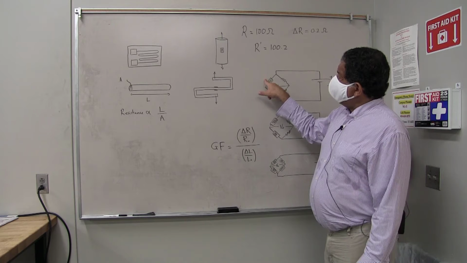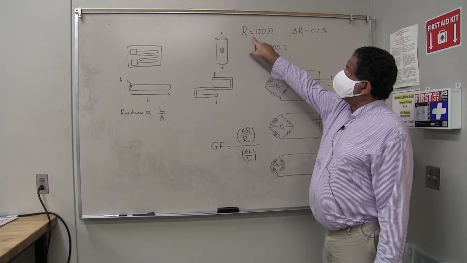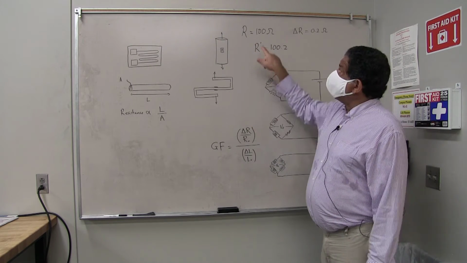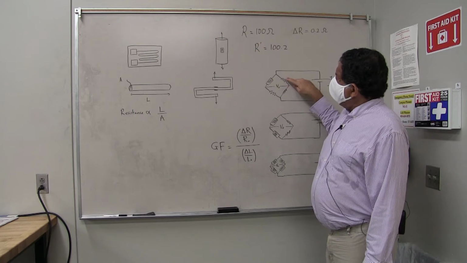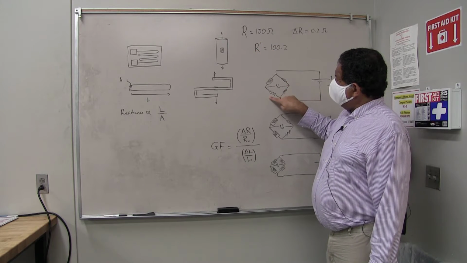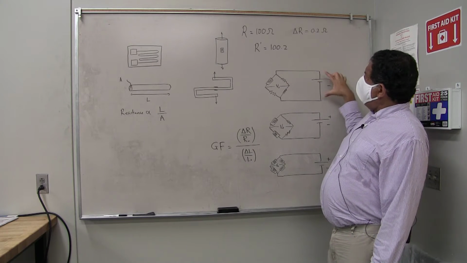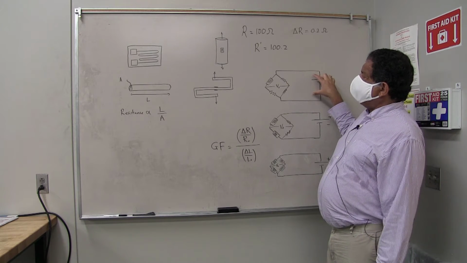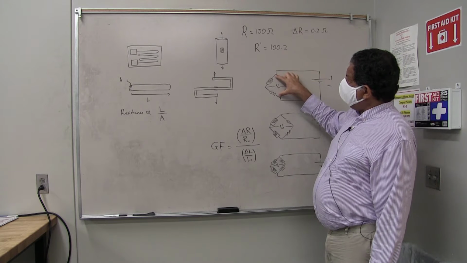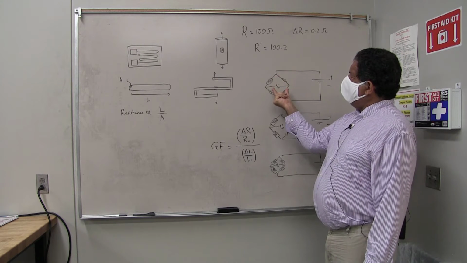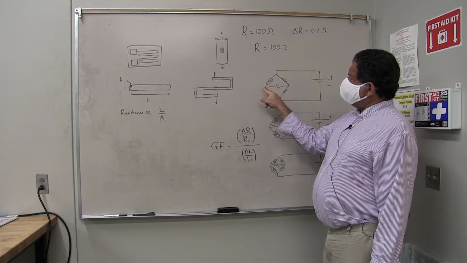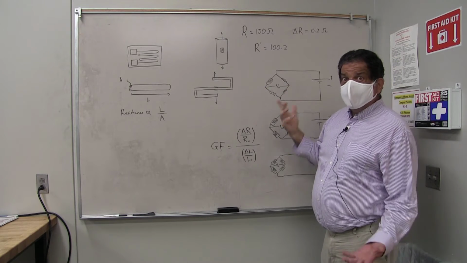So if your resistance strain gauge has a standard undeformed resistance of 100 ohms, then your resistances over here are also going to be 100 ohms. And then you apply a DC voltage using a battery or else a DC power supply to the top and bottom of this diamond shape, and you read out a voltage across these 2 nodes over here.